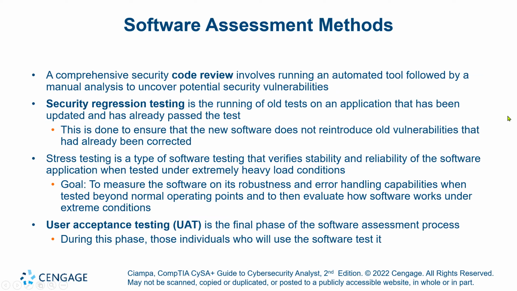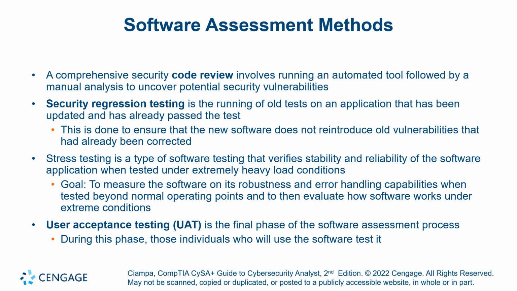Software assessment methods. A comprehensive security code review involves running an automated tool followed by a manual analysis to uncover potential security vulnerabilities. Security regression testing is the running of old tests on an application that has been updated and has already passed the test. This is done to ensure that the new software does not reintroduce old vulnerabilities that had already been corrected.